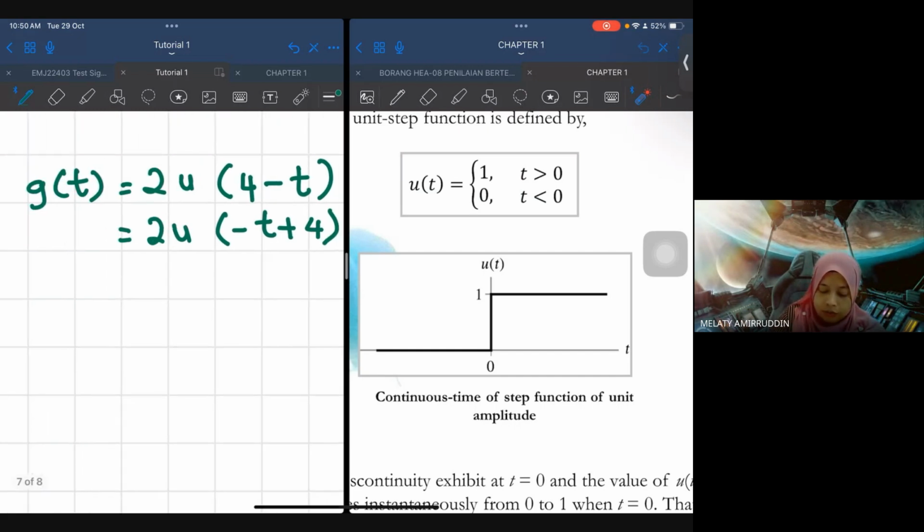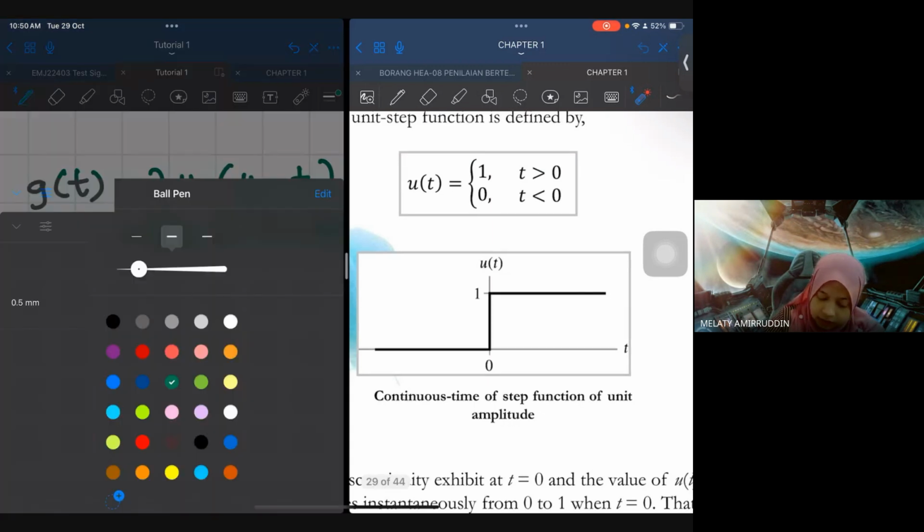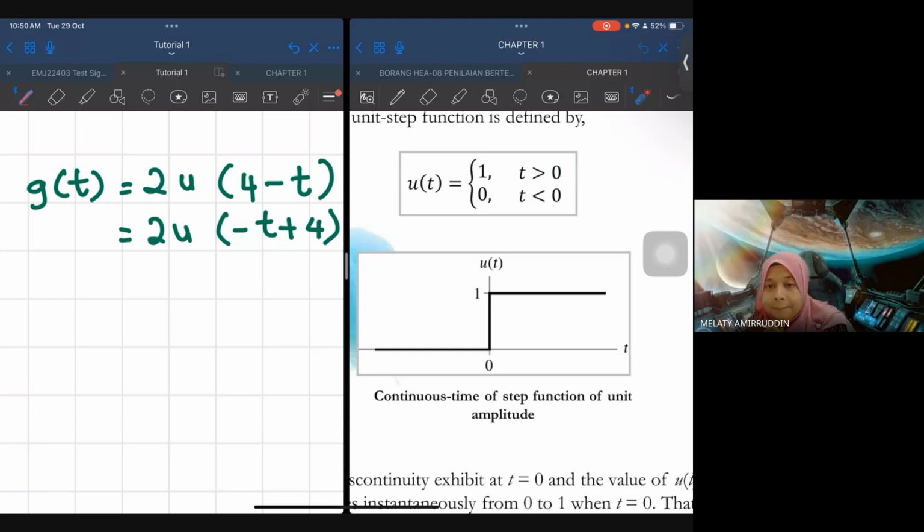And then we need to do, which one we need to do first? We have this signal. This is shifting. This is reflecting. This is amplitude. Which one we need to do first?